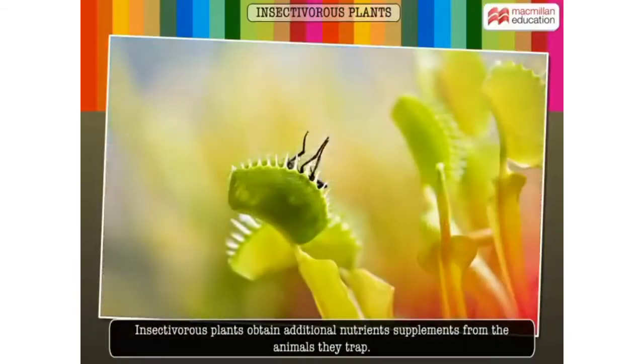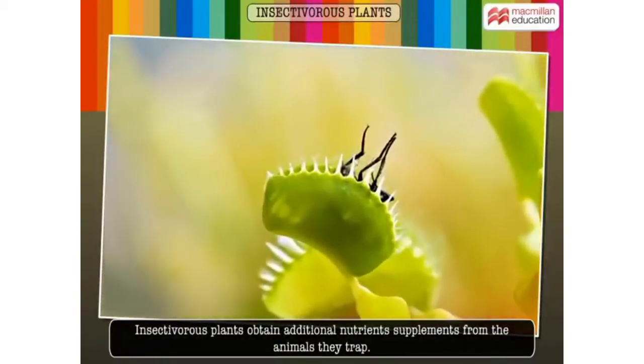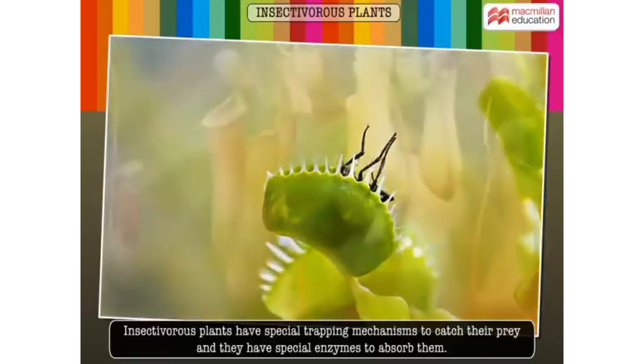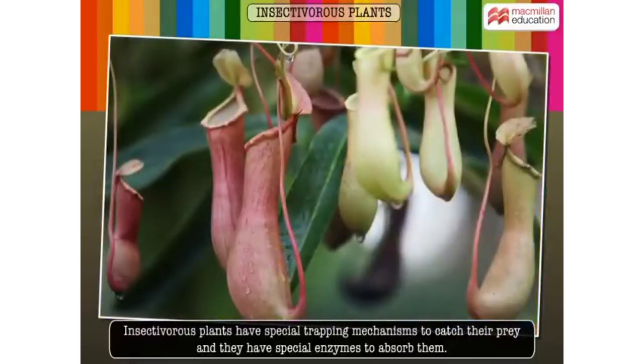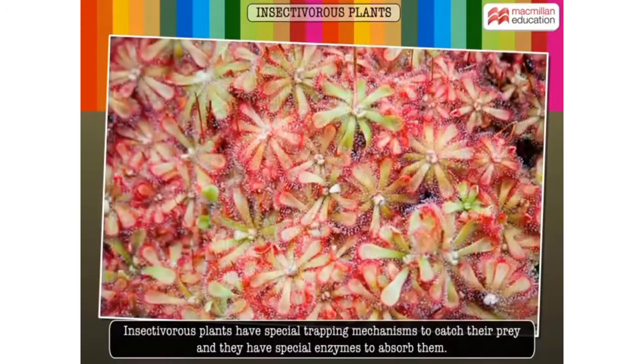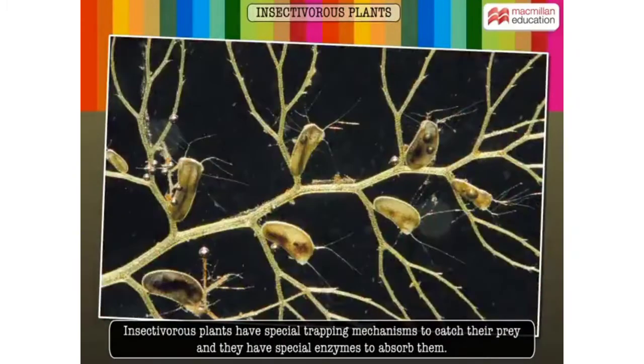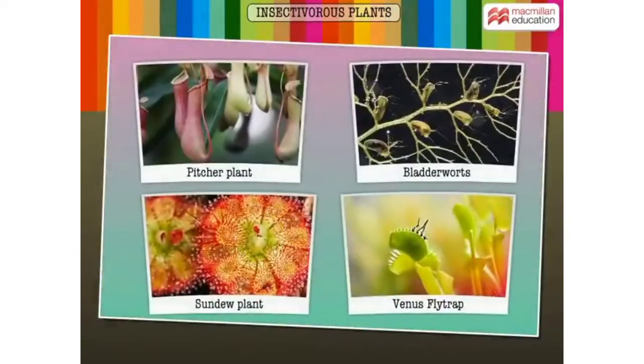Insectivorous plants are naturally found in areas where the soil lacks nutrients. They obtain additional nutrient supplements from the animals they trap. They have a special trapping mechanism to catch their prey, and they have special enzymes to digest them.